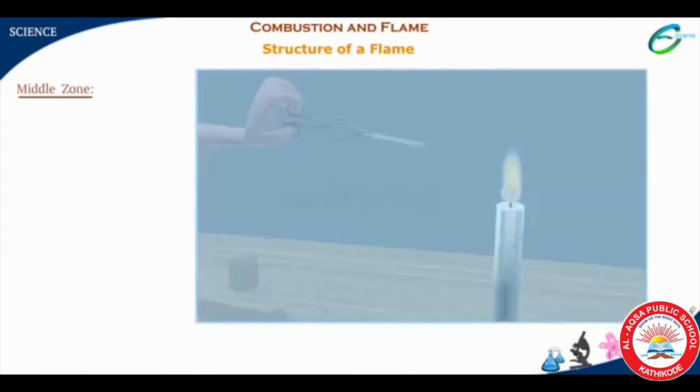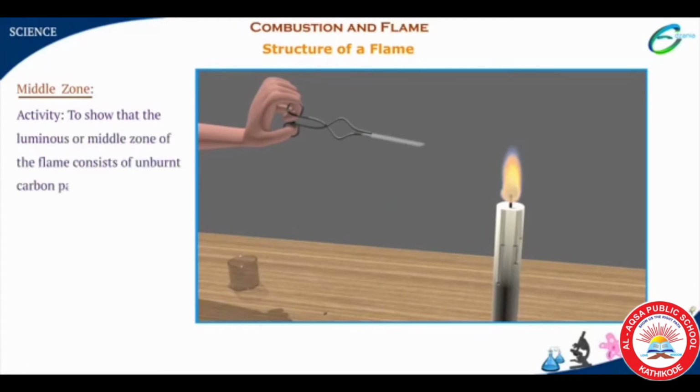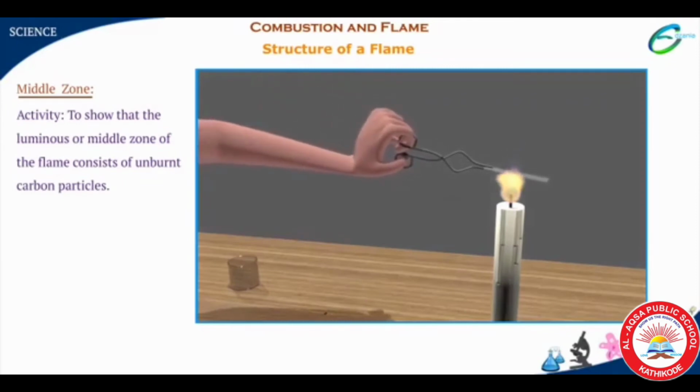The second one, middle zone. To show that the luminous or middle zone of the flame consists of unburned carbon particles, here we have to introduce a clean glass plate into the luminous zone of the flame.